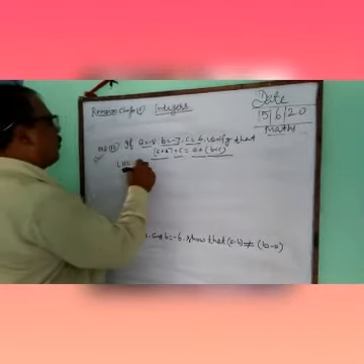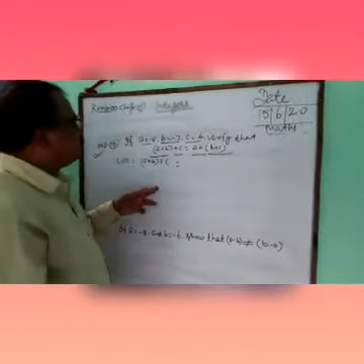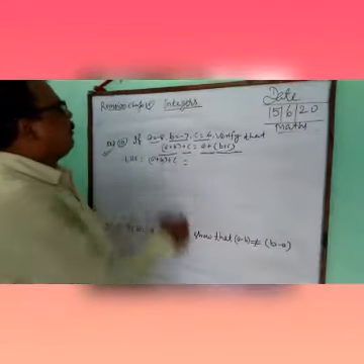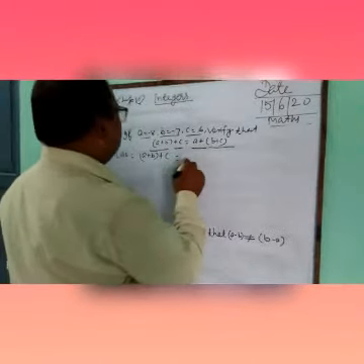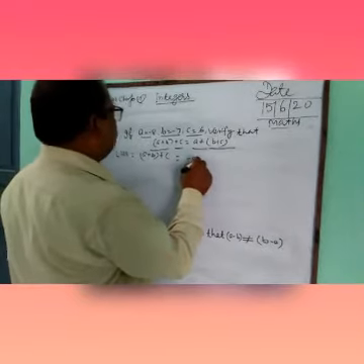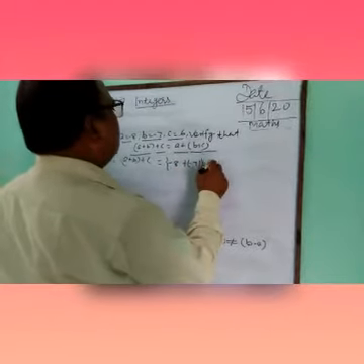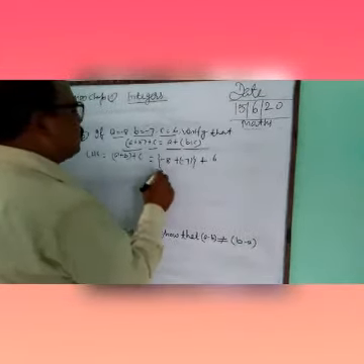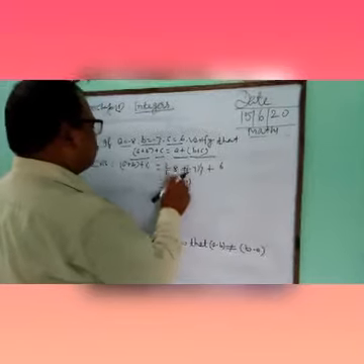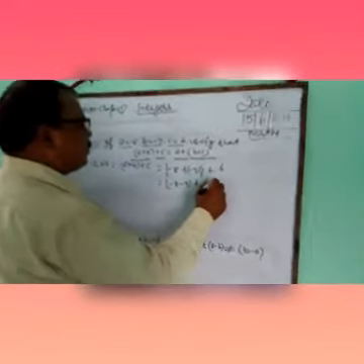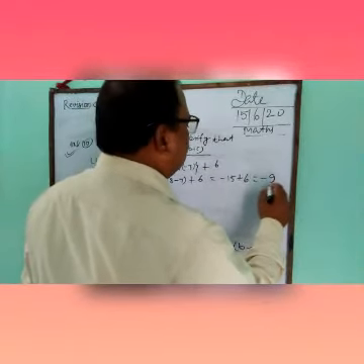Left hand side is equal to (A plus B) plus C. Now putting the value of A is equal to -8, B is equal to -7, C is equal to 6: (-8 plus -7) plus 6 is equal to (-8 -7) plus 6 is equal to -15 plus 6 is equal to -9.